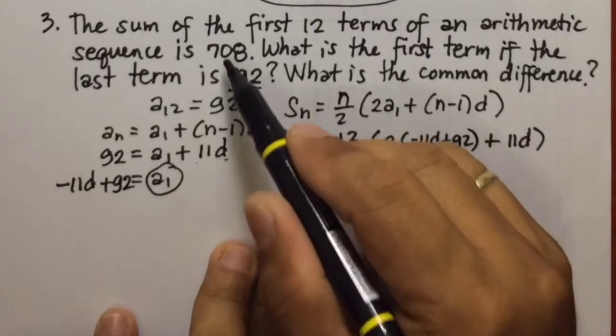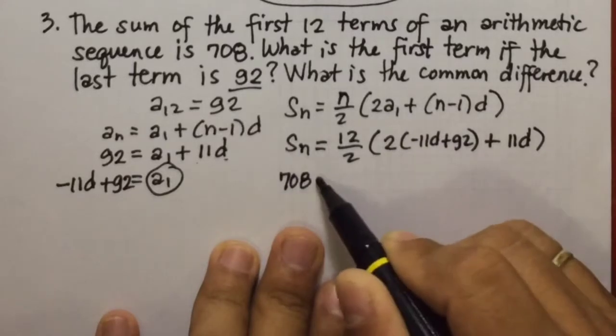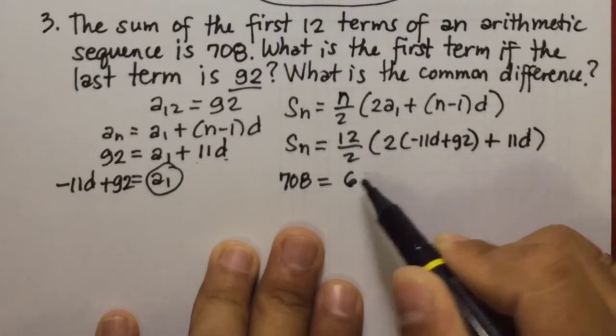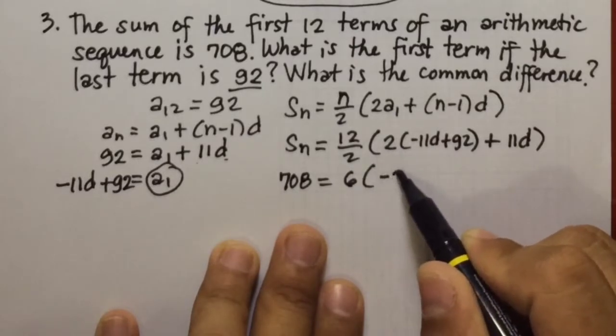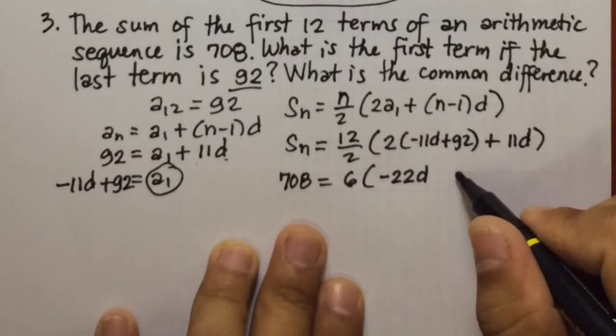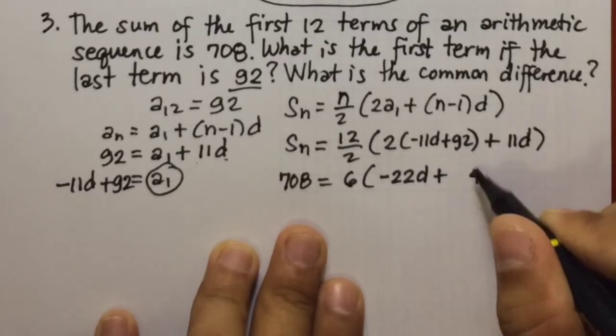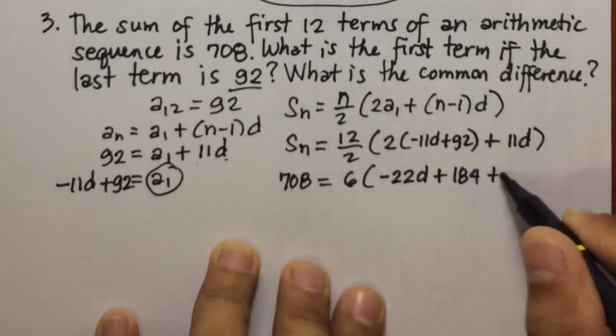Then S sub n here is equal to 708, so we're going to have 708 equals 12 divided by 2, which is 6, then times 2 times negative 11d, which is negative 22d, then 2 times 92, that will be 184, then plus 11d.